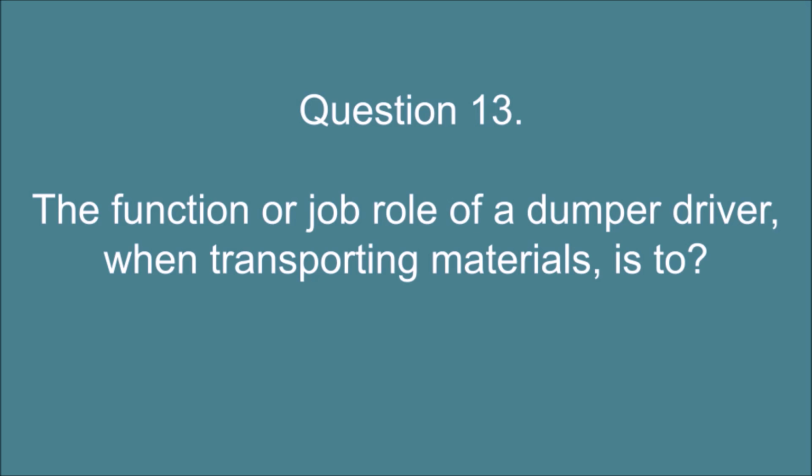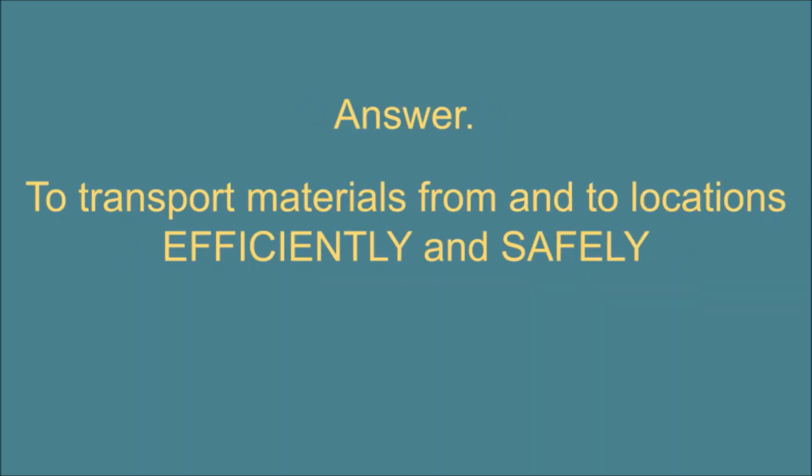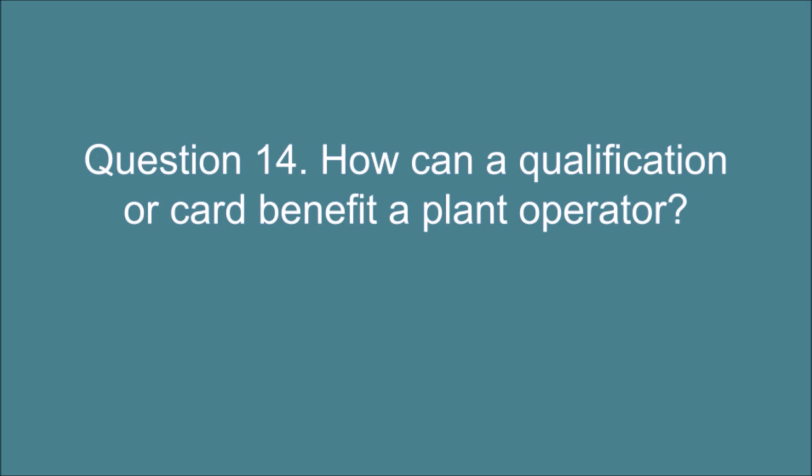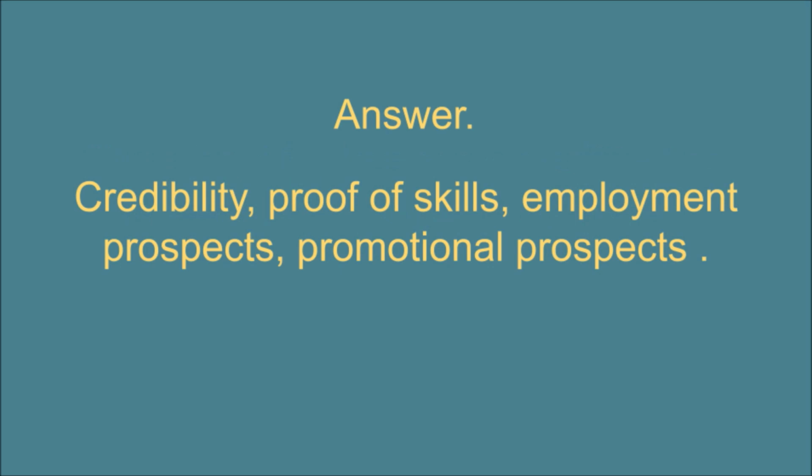Question 13. The function or job role of a dumper driver, when transporting materials, is to? Answer. To transport materials from and to locations efficiently and safely. Question 14. How can a qualification or card benefit a plant operator? Answer.